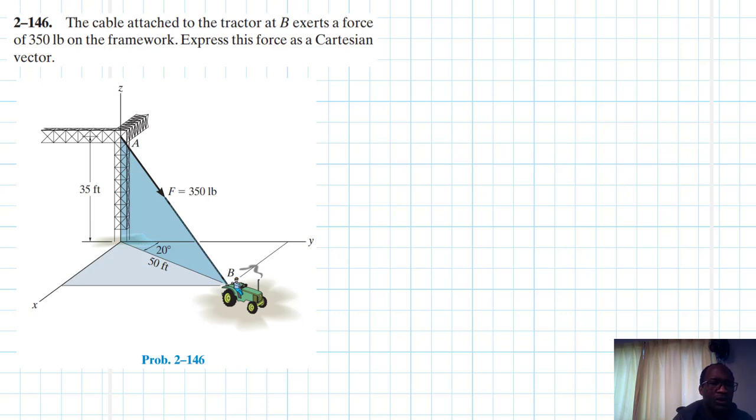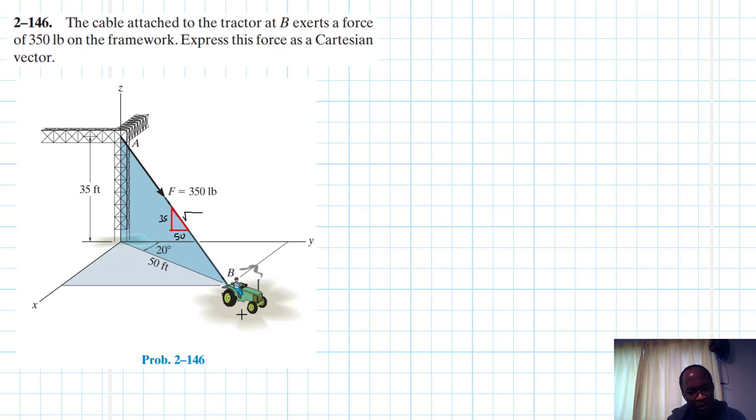Right, so first things first, let's define our slope. The slope here is given like so. This is 15, the run, and the rise is 35, and this is 50.